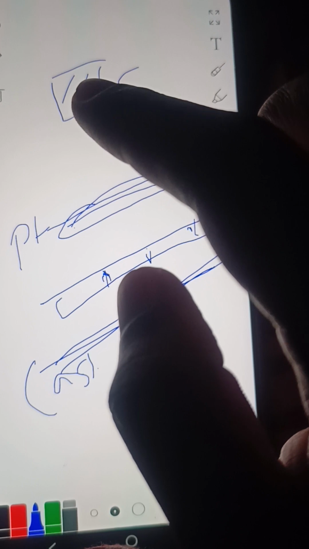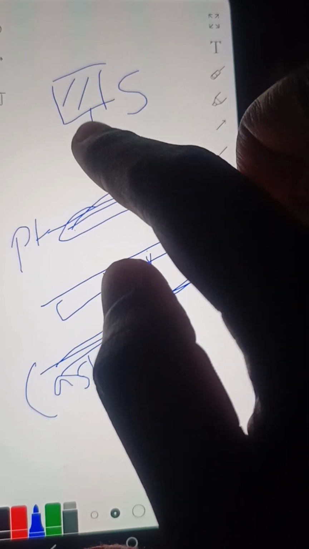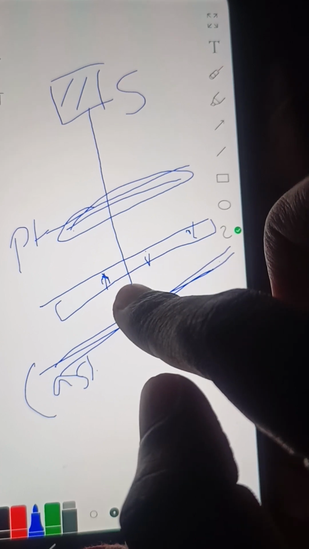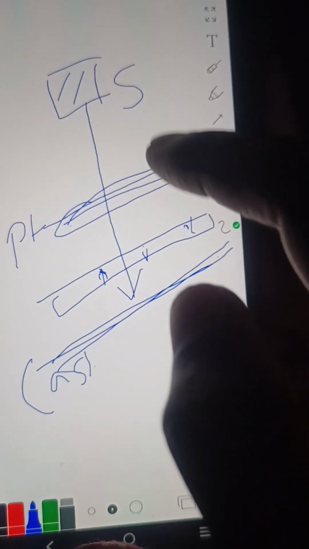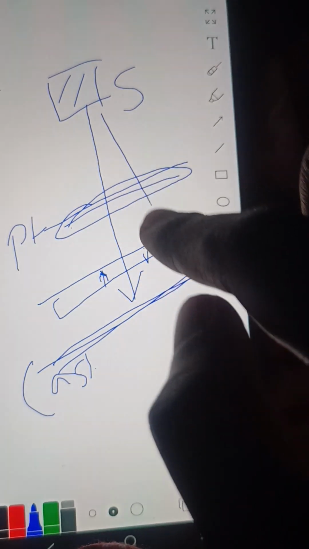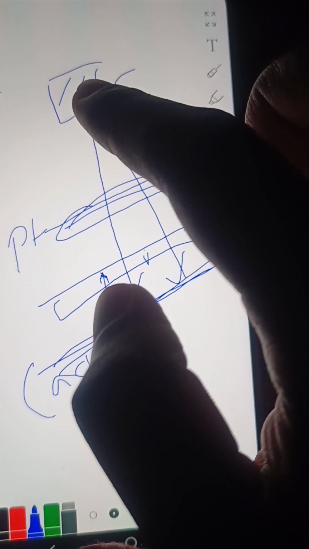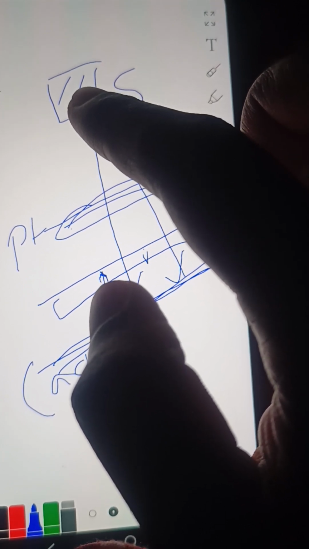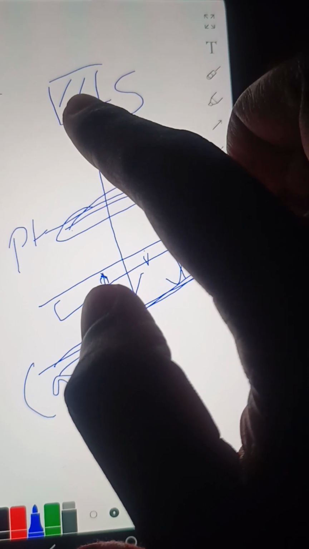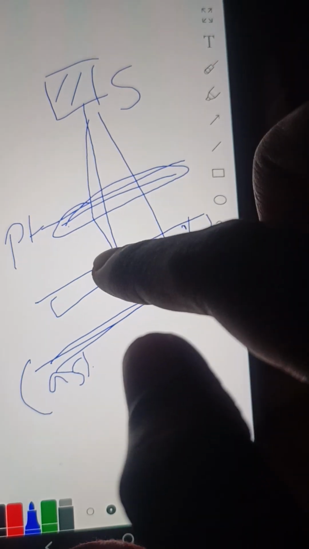So from the source, X-ray comes, and the primary radiation goes to the cassette. These are the primary radiation. But when the X-ray hits the patient, it produces some secondary radiation.